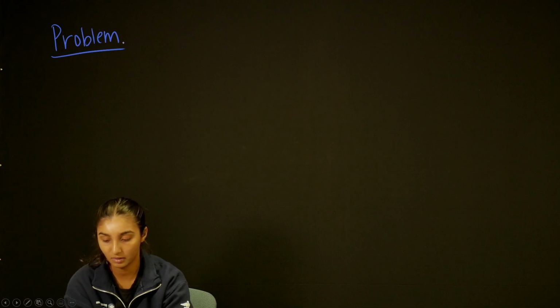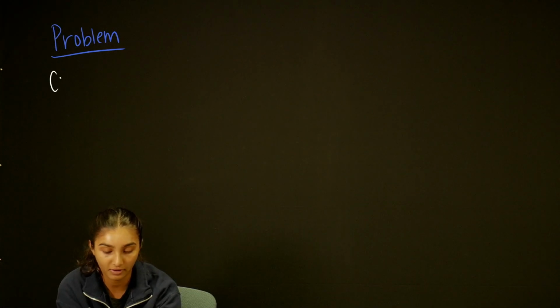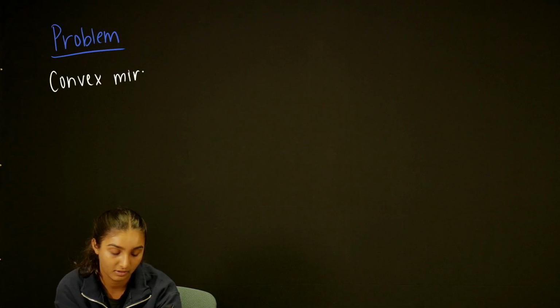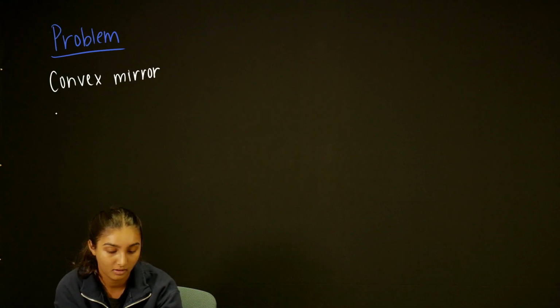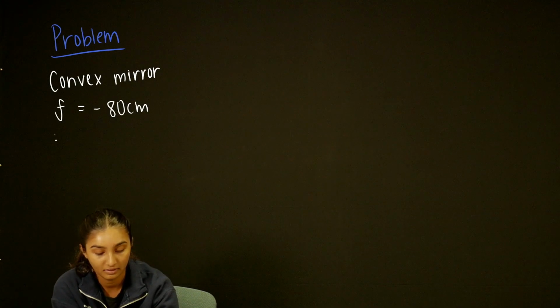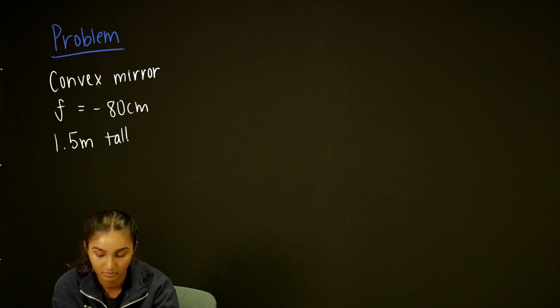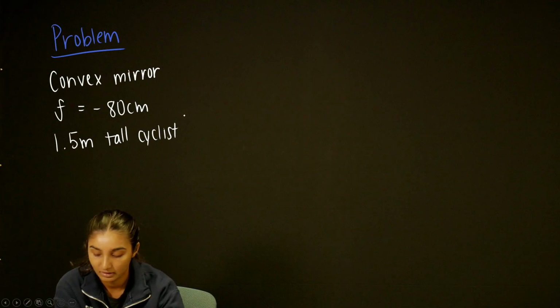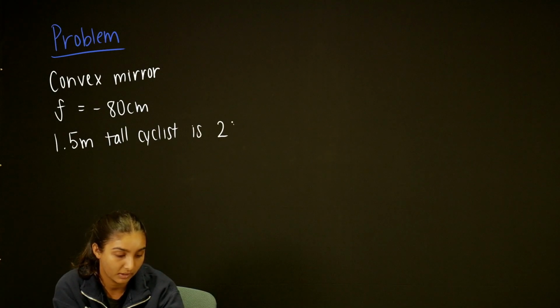So our problem is we have a convex mirror, and it has a focal length of -80 centimeters. And we have a cyclist that is 1.5 meters tall. And the cyclist is 28 meters from the mirror.